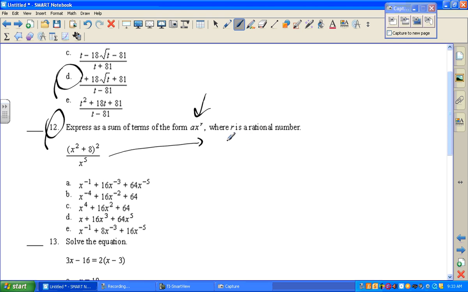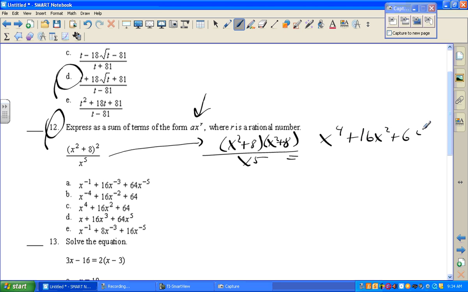So x squared plus 8, x squared plus 8, all over x to the 5th. Yeah, x to the 4th plus 16x squared plus 64 all over x to the 5th.